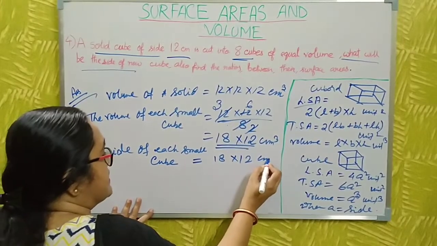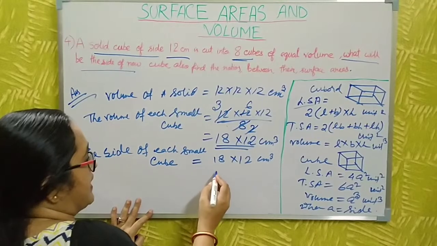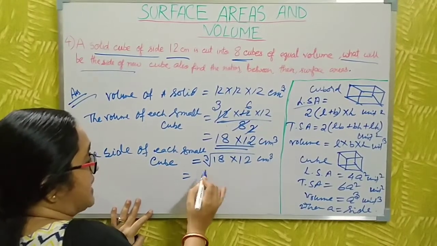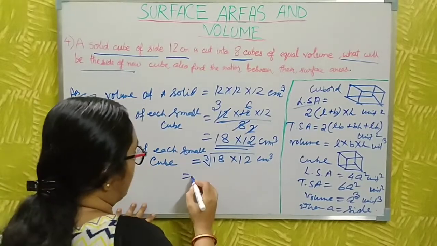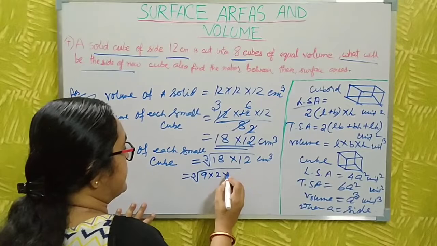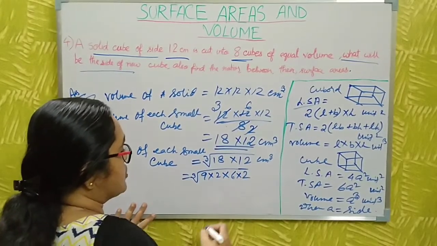12 centimeter cube, and you find the cube root of this, the side of this cube. Now the cube root of this: 9 2s are 18 and 6 2s are 12.